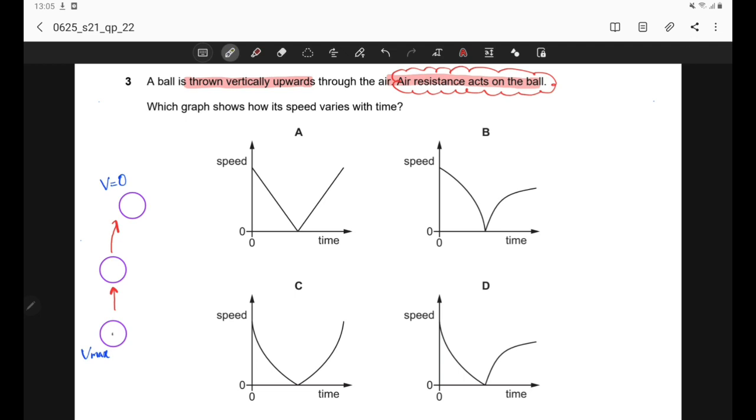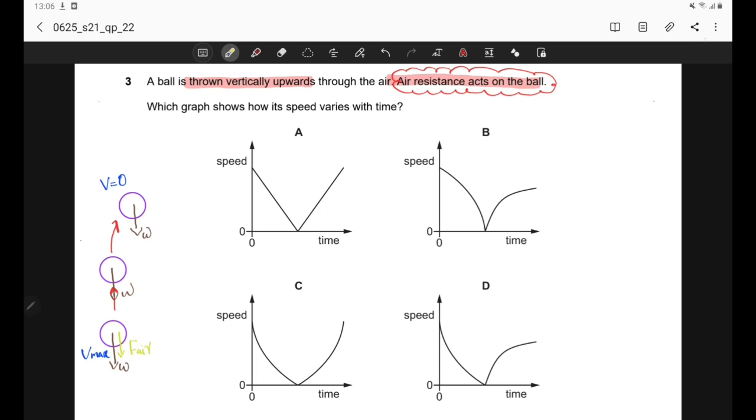Therefore, not only the weight of the ball, but the force due to air resistance will also act in the opposite direction of the motion where the ball is moving upward. So for every position the ball reaches, its weight will always be acting downwards, as we can see.